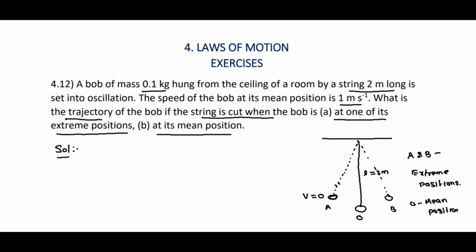It will act like a freely falling body, and the bob will fall down like this. So the speed in this case is 0, that means the bob is momentarily at rest.